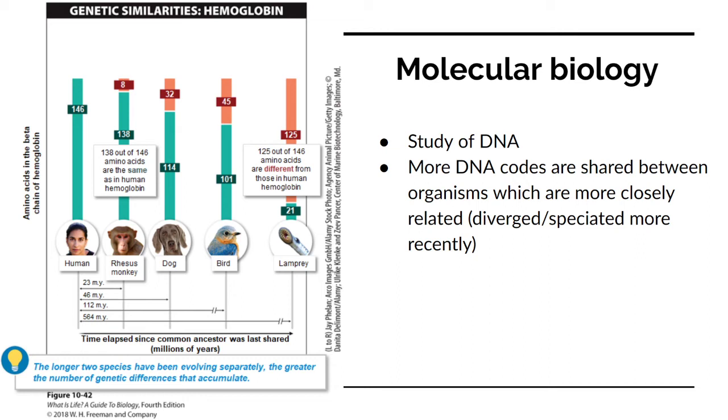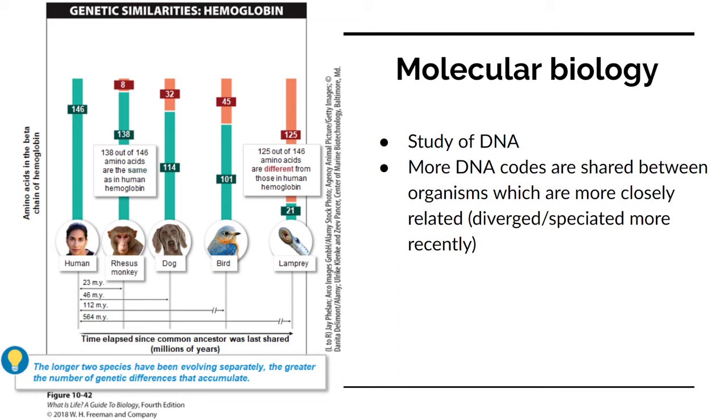As this graph on the left is showing, we're specifically looking at the structure of hemoglobin. If we compare human hemoglobin to human hemoglobin, we see all 146 match, as they should.